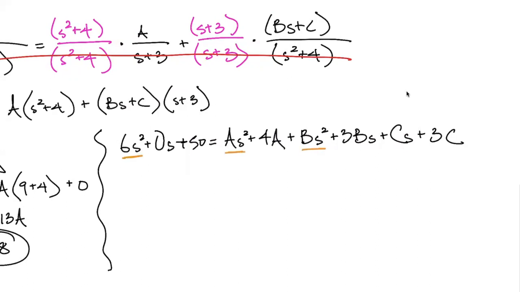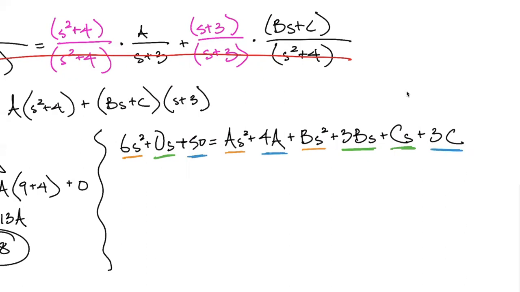You would say, all right, let me collect all the terms that have the s squared, right? Those are all going to be like terms. And then if we had a different color, we'd be like, okay, now I'm going to collect all the terms that have an s in them. Those are going to be like terms. And then maybe there's one more set of like terms, right? The ones that don't have an s.